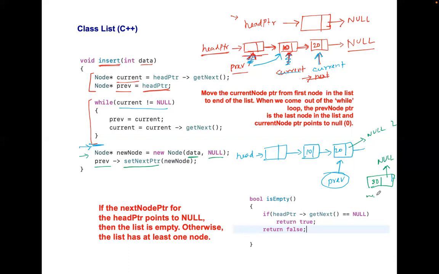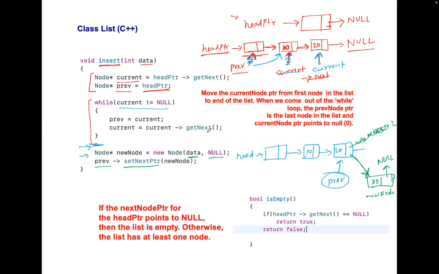So this is our new node. We set the next pointer of the previous node as the new node. Its next pointer was pointing to null, so instead of pointing to null, it is now going to point to this node. Now let's start from the head pointer and look at how our list looks. Now this list has values 10, 20, and 30.